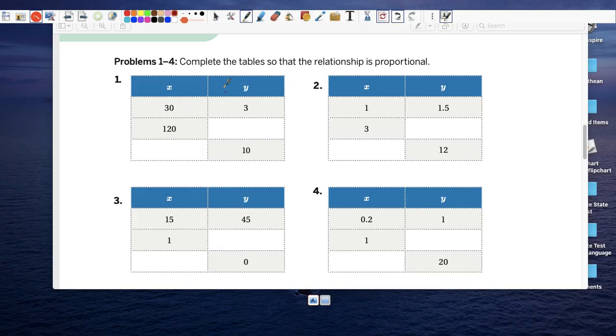I'm going to do this one where I try to find this number. Put a dot there, showing multiplication. 30 times something is 3.